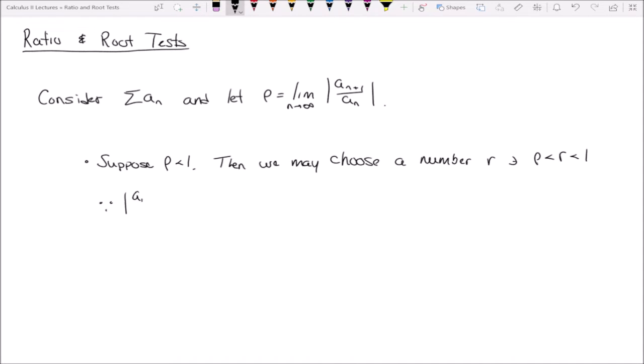Since the absolute value of a sub n plus 1 over a sub n converges to rho, there exists some value big M such that the absolute value of a sub n plus 1 over a sub n is less than r for all n greater than or equal to big M.